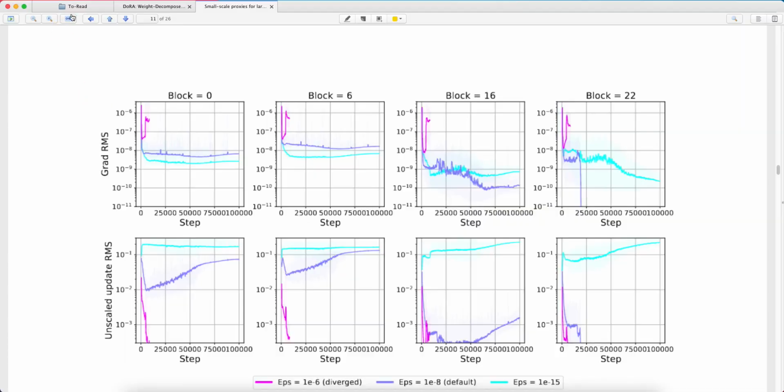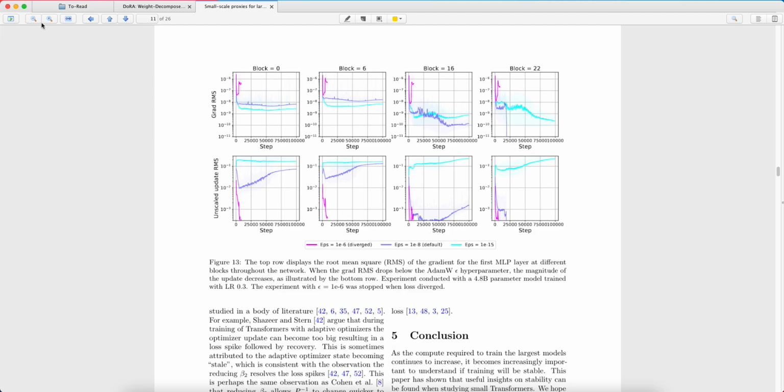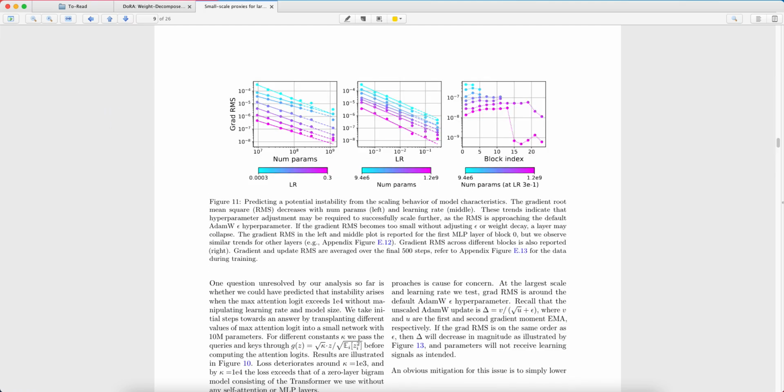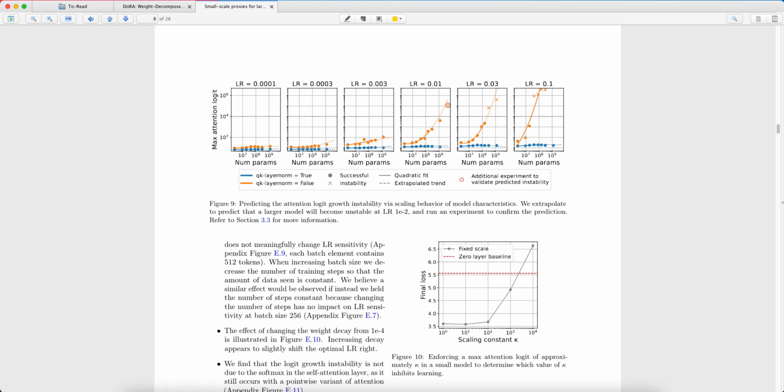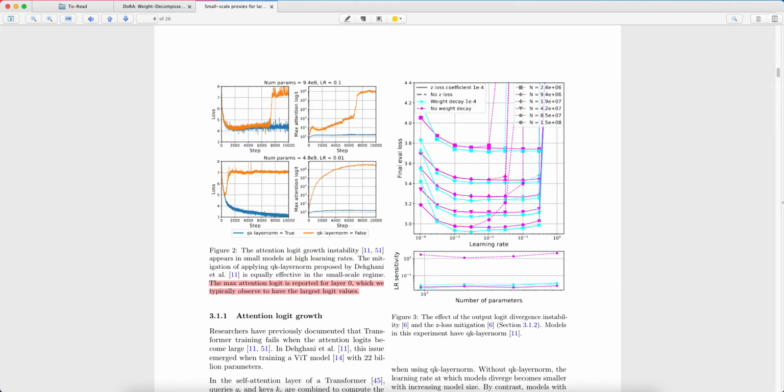Okay, yeah, very cool paper. I guess the questions that come to my mind is like, is qk-layernorm a thing? Is z-loss a thing? I don't know. I certainly haven't seen them explicitly being mentioned in training frameworks. Maybe they are and I'm just not looking for it.